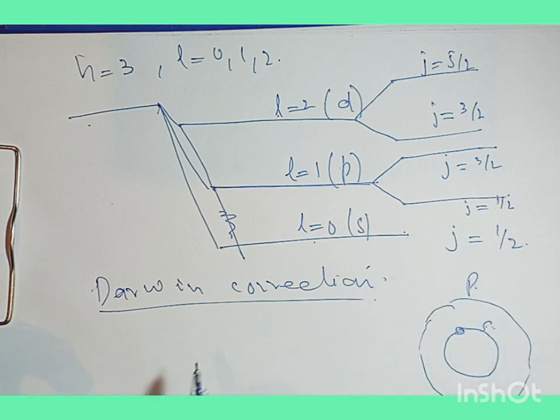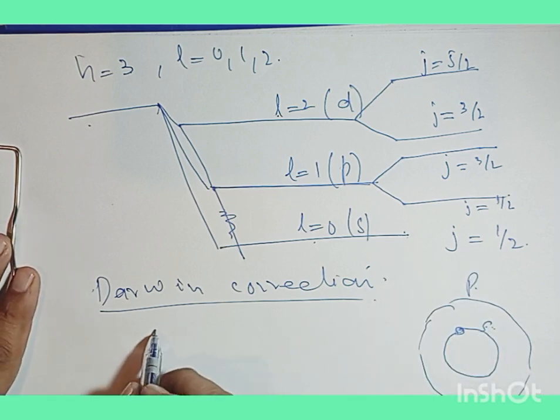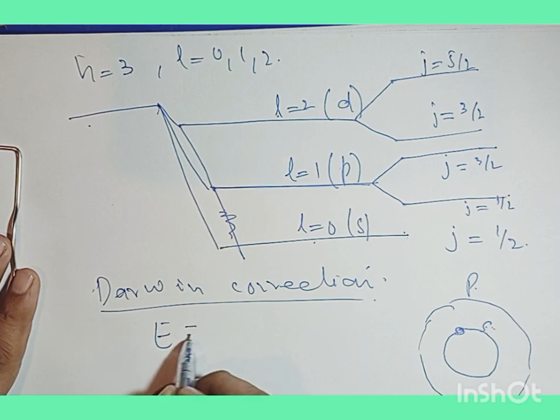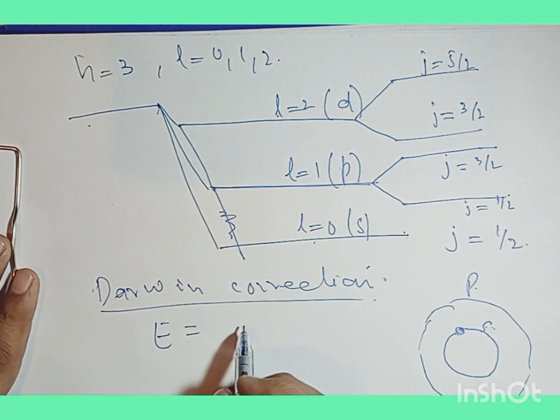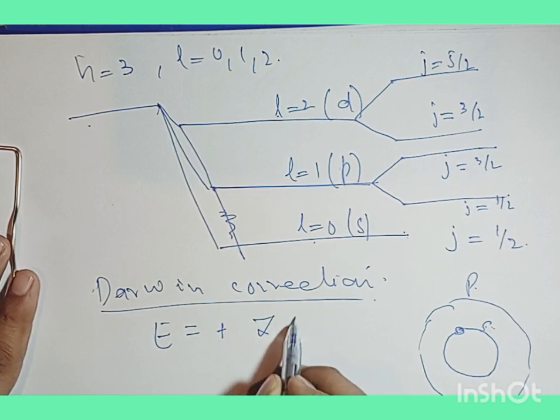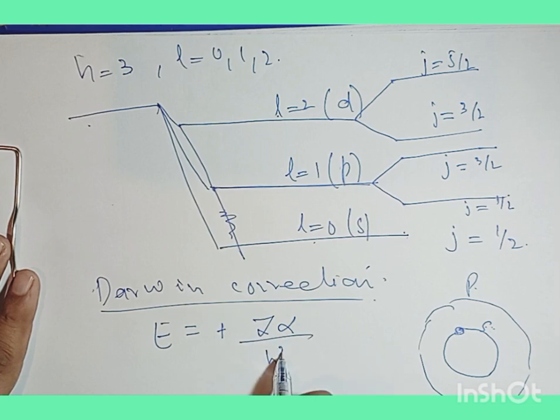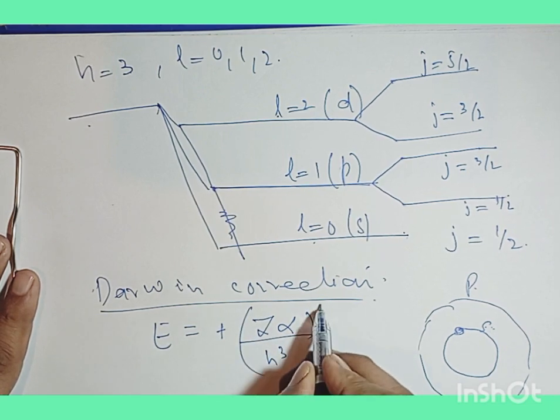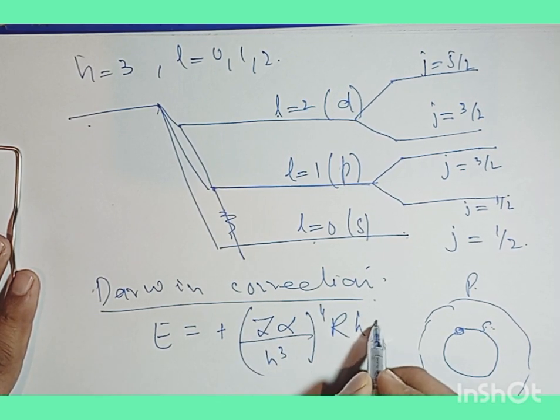And this Darwin correction, its value is positive, so it has to be added, and it comes out to be equal to (Zα/n)^3 raised to the power 4 Rhc.